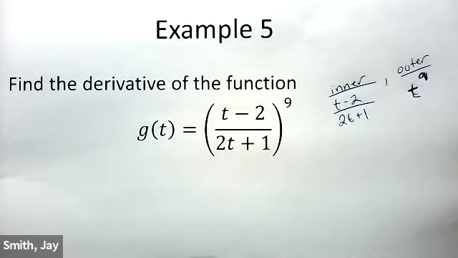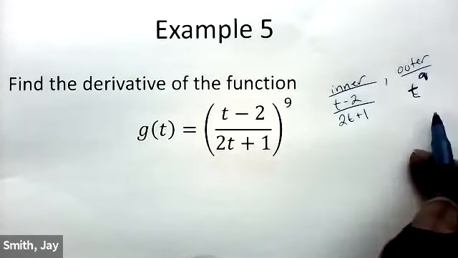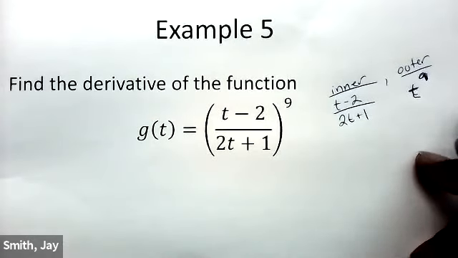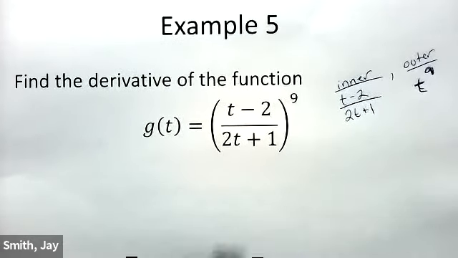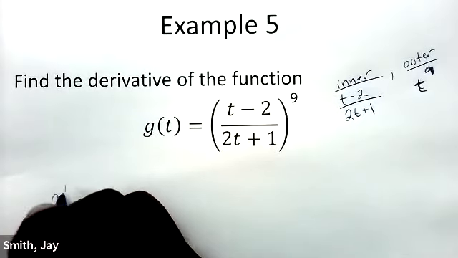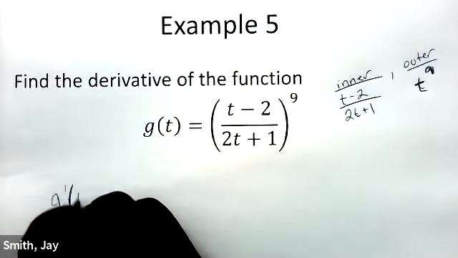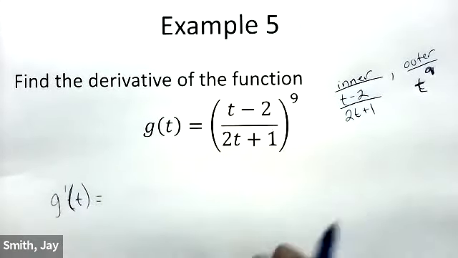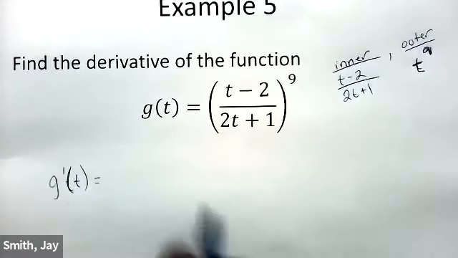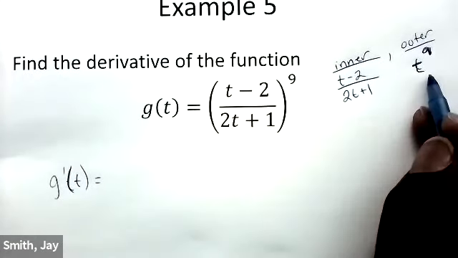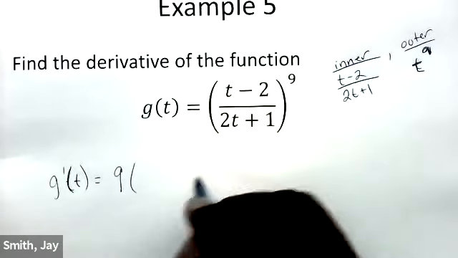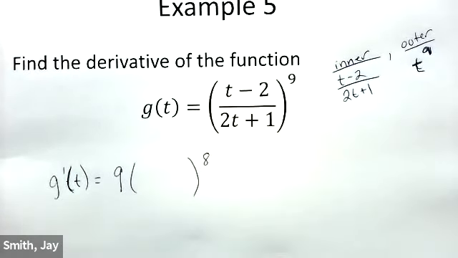All right. So remember, the shorthand definition of the chain rule: derivative of the outer function at the inner function times the derivative of our inner function. So here, working on g prime of t, derivative of the outer function, or the derivative of t to the 9th, would be 9t to the 8th.